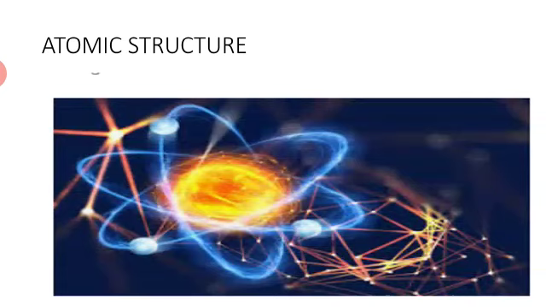Modern atomic theory was first put forward by John Dalton in 1803. He imagined atoms to be tiny, indivisible particles. In this lesson, you will learn about the structure of the atom.